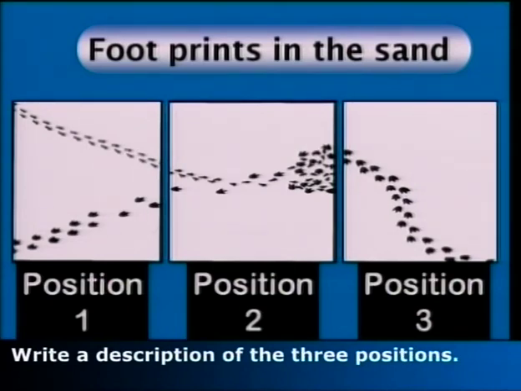Which is this one? Footprints. Okay, the picture shows the tracks in the sand. Your clue is the sand. What kind of animals live in an environment that has sand? We have sand by the river, by the sea, by the lake.